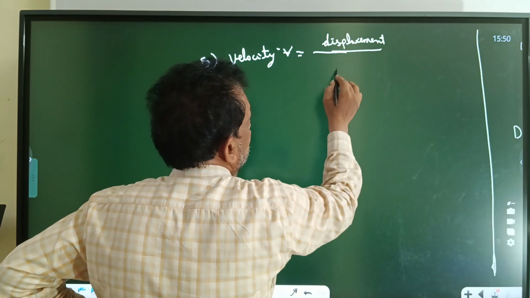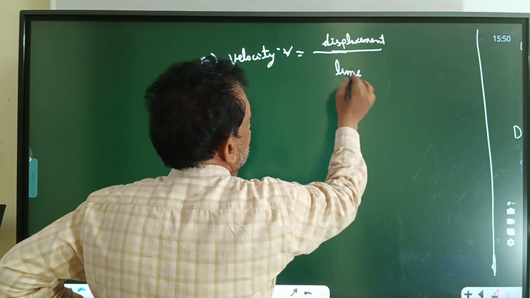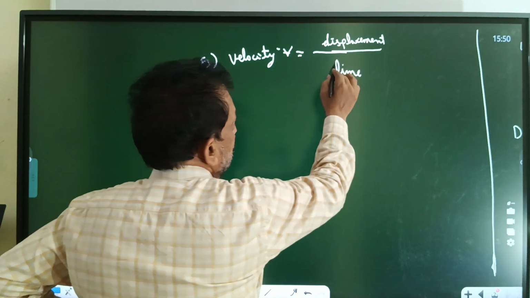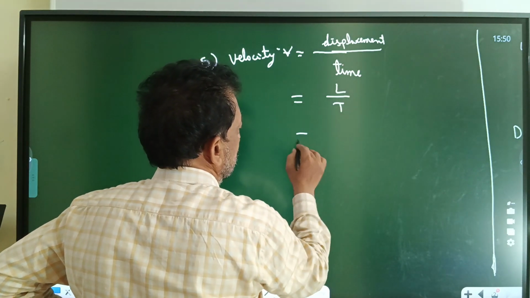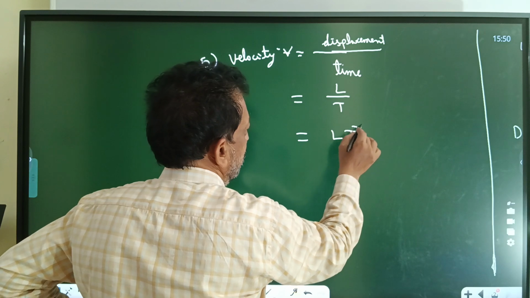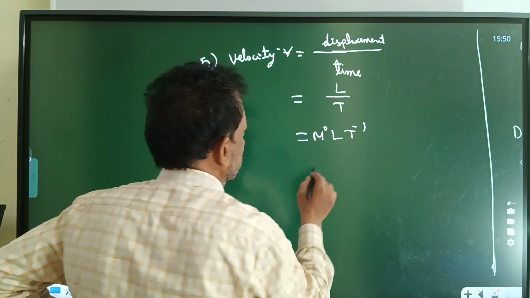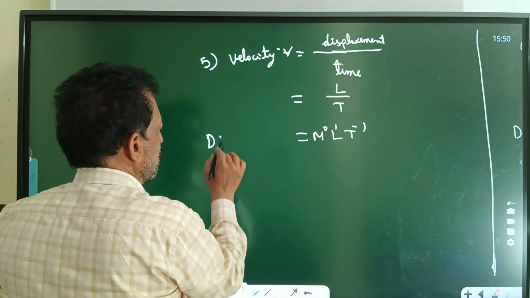Displacement is L, time T, so you can say L T to the power of minus 1. Unit mass is zero. So this is the DMF of velocity.